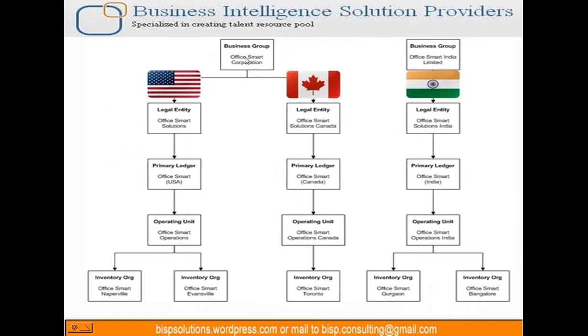Here there's a business group. It has its company in USA, Canada, and India. Now, you need not implement Oracle apps for each one of these countries. Under one head, you can manage your general ledgers, inventory, everything separately within the implementation of Oracle apps. That is the feature called multi-org.